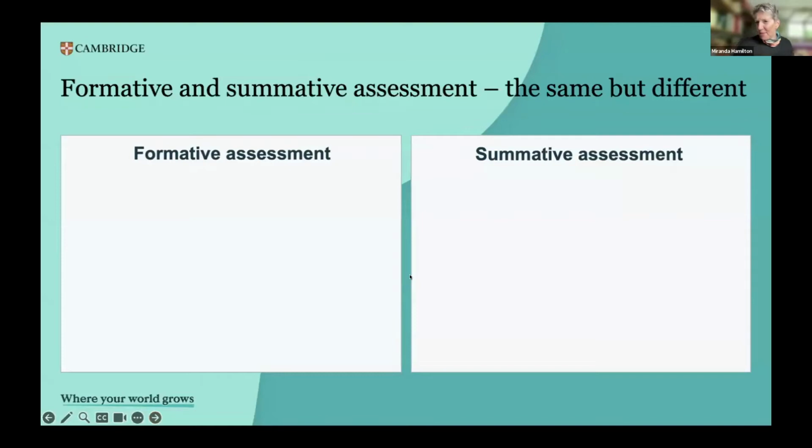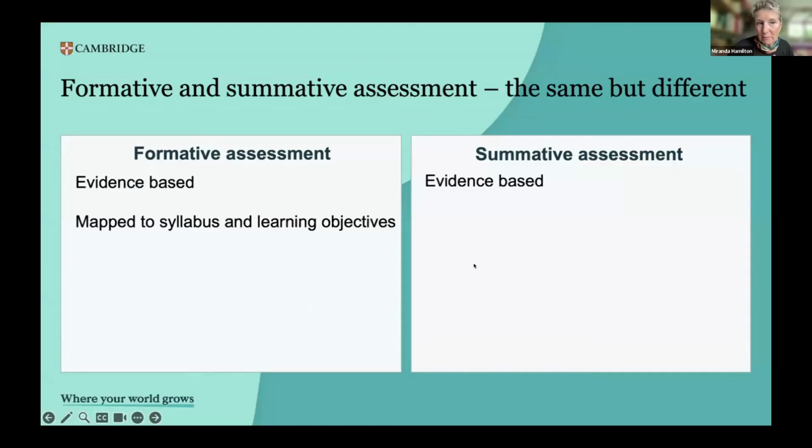So let's have another look at this. We saw formative and summative assessment as being a little bit different when we started our session with your comments that you posted. Now, I'd like to take a closer look. Are they the same or are they different? Well, formative assessment is evidence-based, and so is summative.